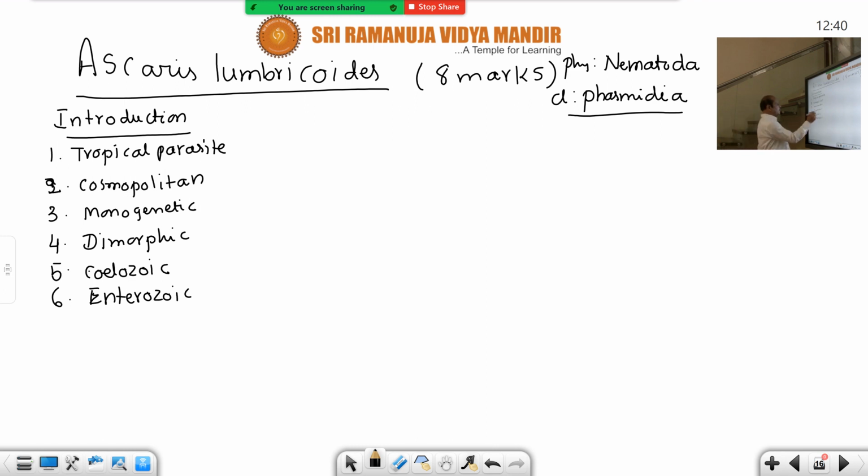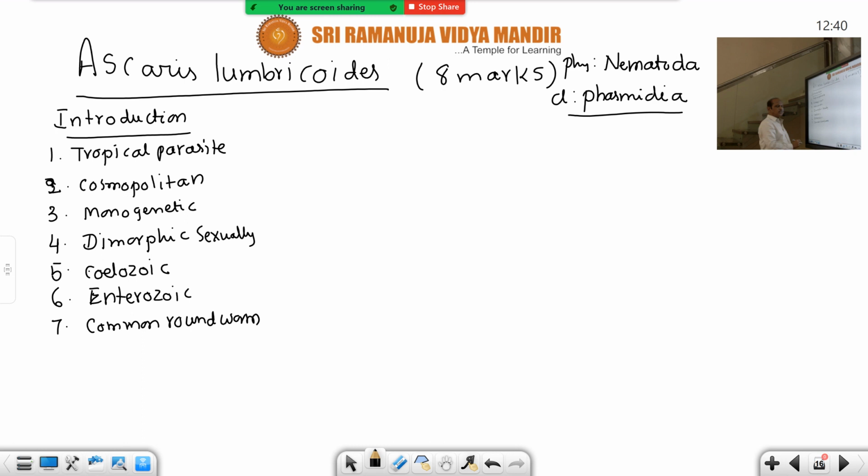If you want, you can add sexually also. Male sex and female sex are separate, hence sexual dimorphism is noticed here first time. And coelozoic, enterozoic parasites, and this is the most common roundworm.